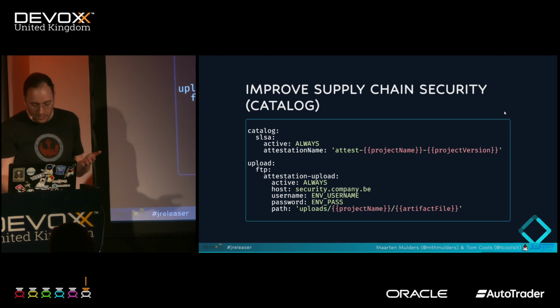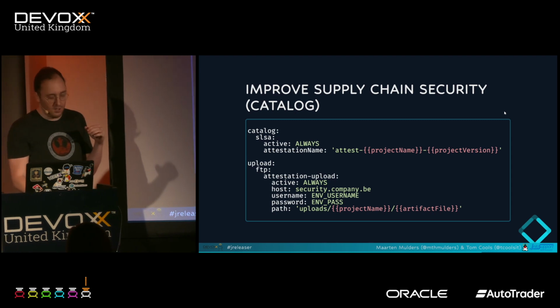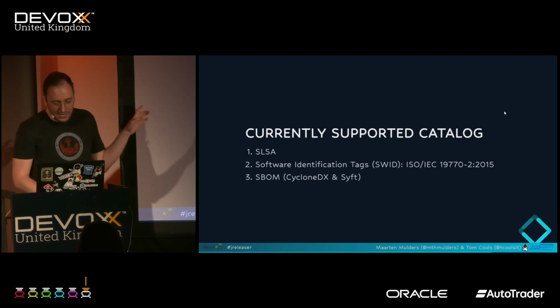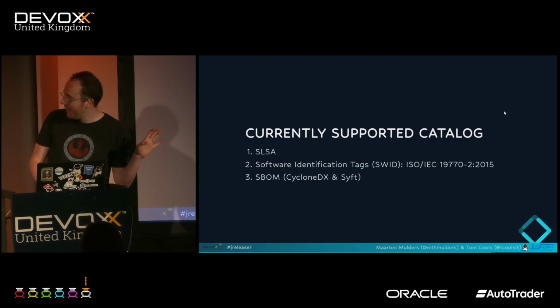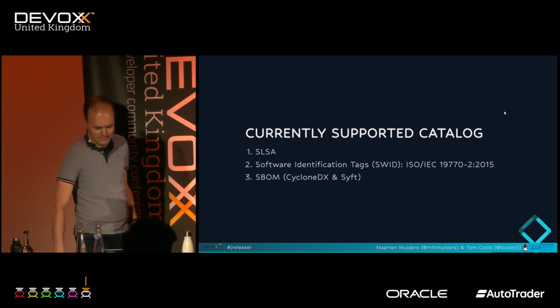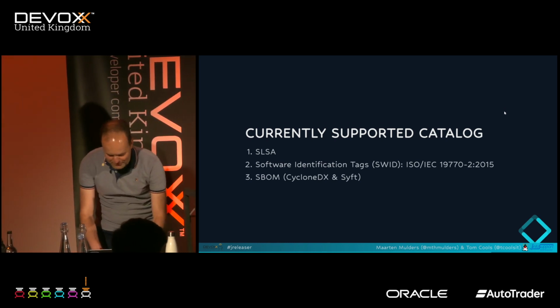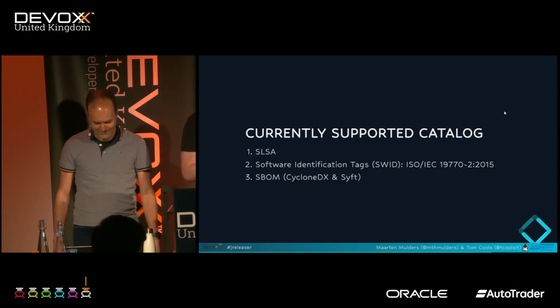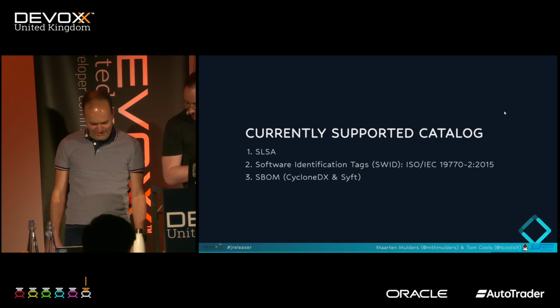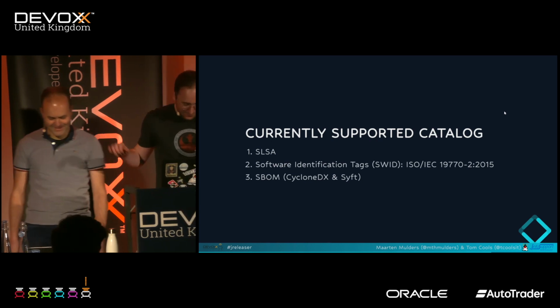It has currently 3 different catalog options. It has SLSA, which I am sort of forgetting the abbreviation for now, but it is at least attestation files. Then there's, let me Google that for you. Yeah, thank you, Martin GPT. Supply chain levels for software artifacts, let's forget about this.